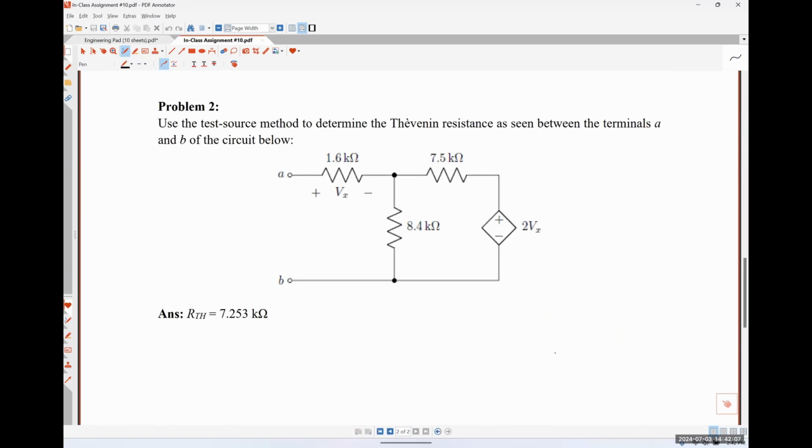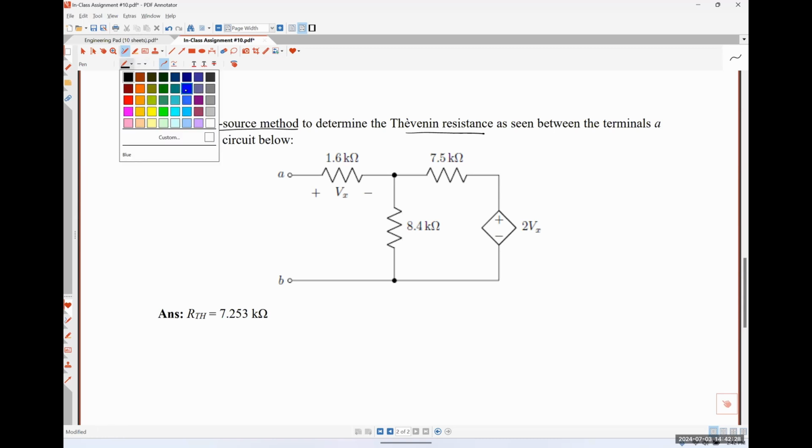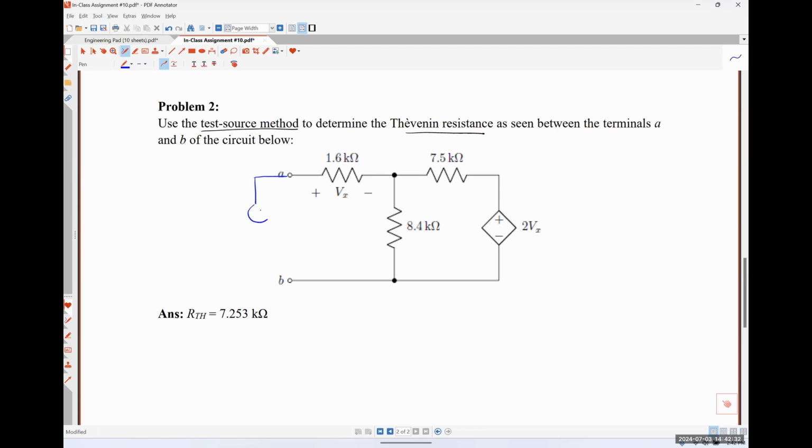So in this problem, we are specifically asked to use the test source method to determine the Thevenin resistance seen between terminals A and B of this particular circuit, right? So we know for sure we're supposed to use a test source method because we're just looking for resistance directly. So for this particular problem, I personally would choose a test current source, okay?